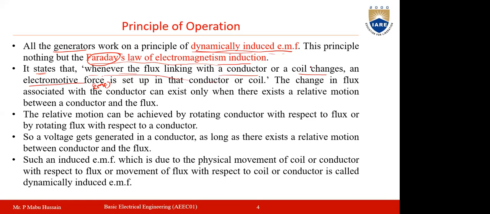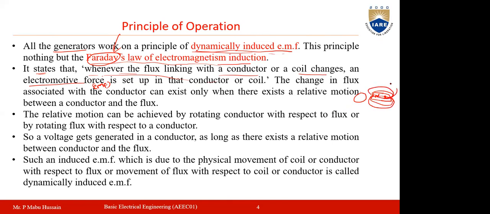Now, what the scientist Faraday did was he took one magnet and one coil. A coil is nothing but a conductor which has a closed path. This magnet will have magnetic flux.